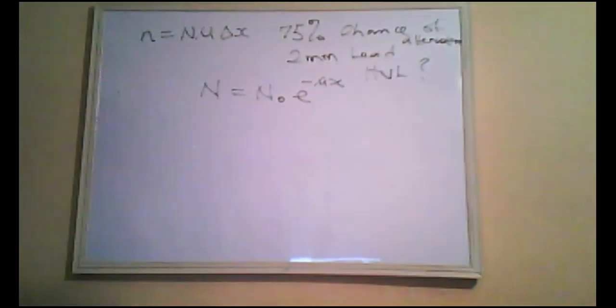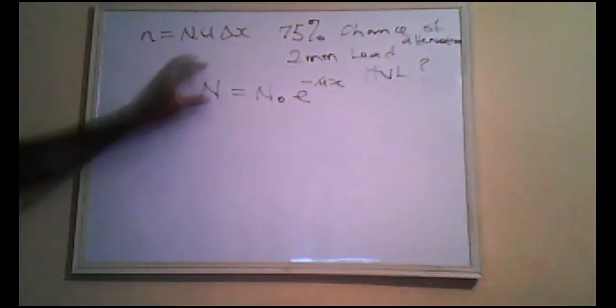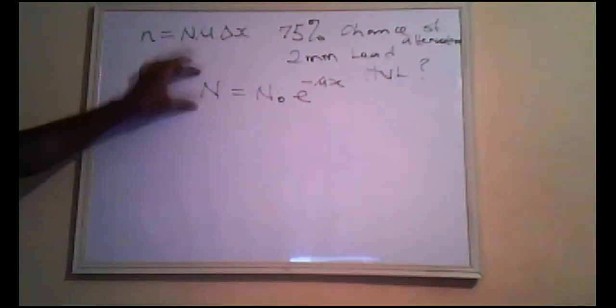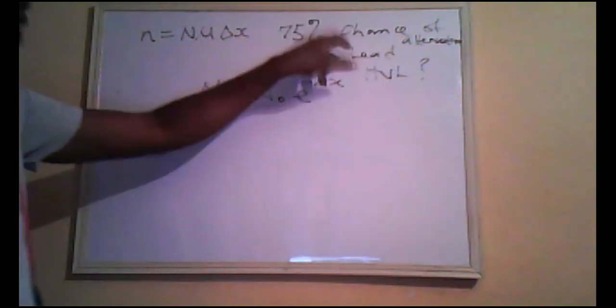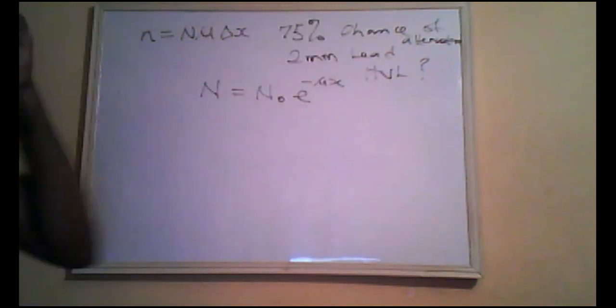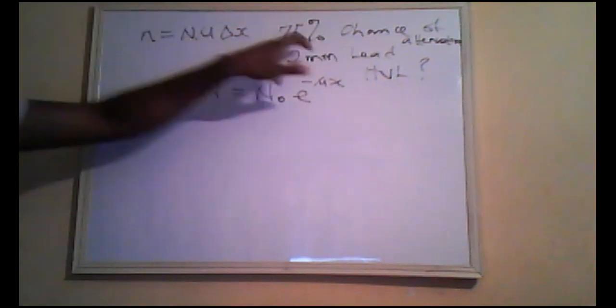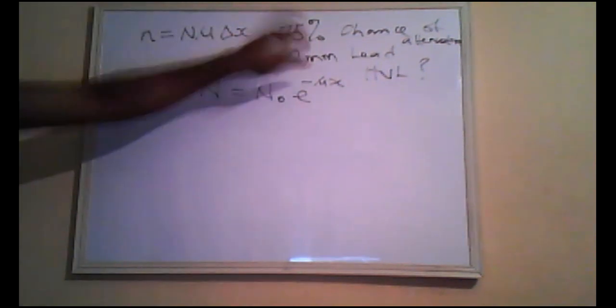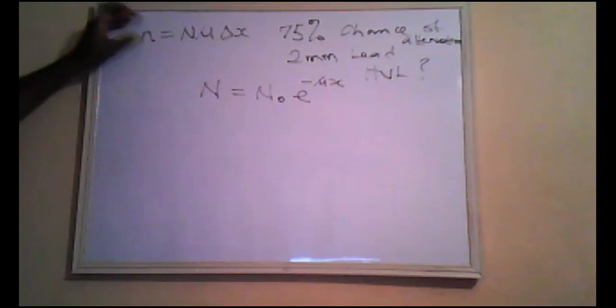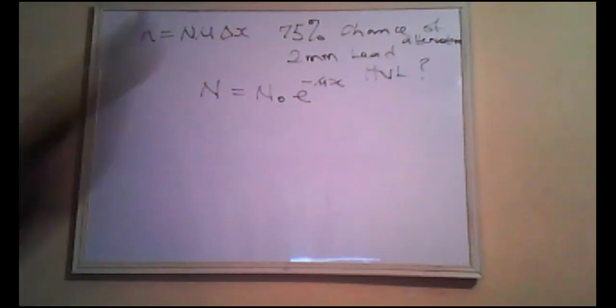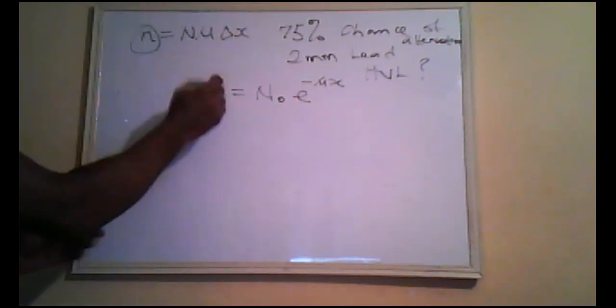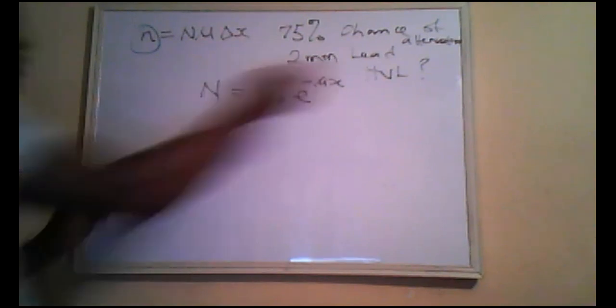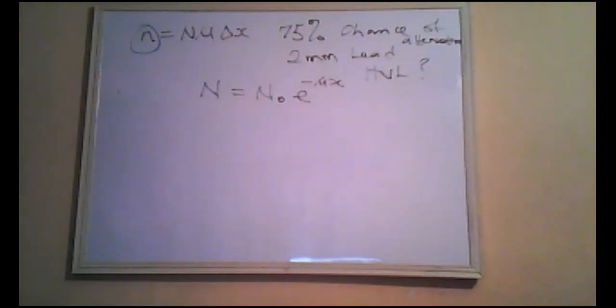75% chance of being attenuated. But mind you, this N is the amount of photons transmitted, whereas we are given that there is a 75% chance of being attenuated. So the 75% attenuated is different from this N. This N is actually the number that was transmitted.